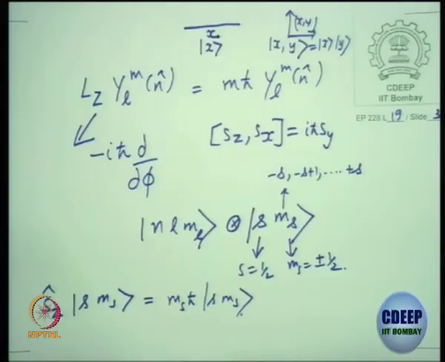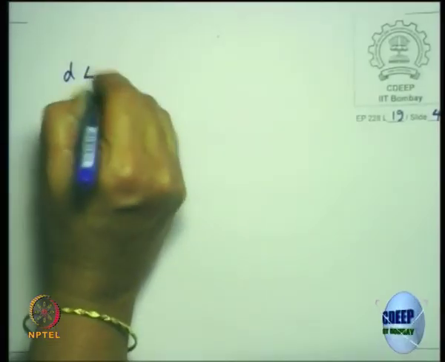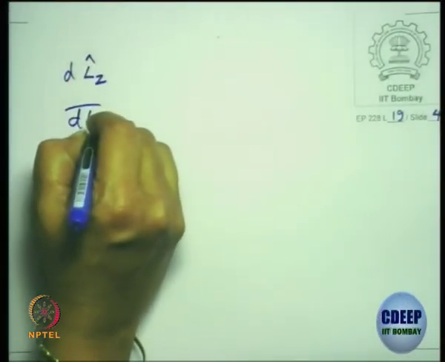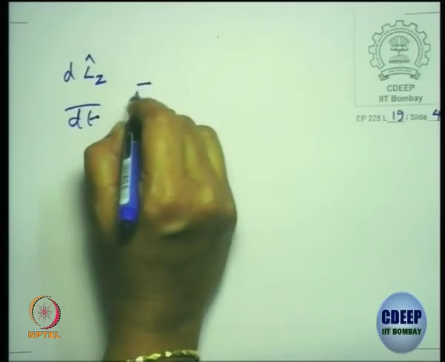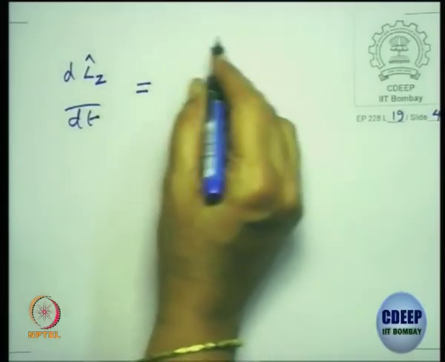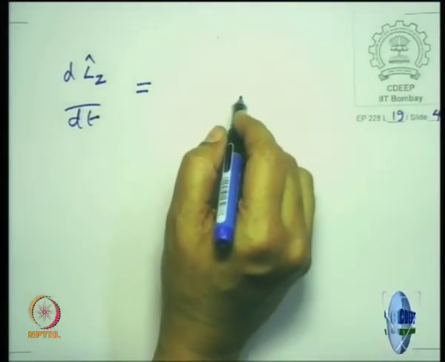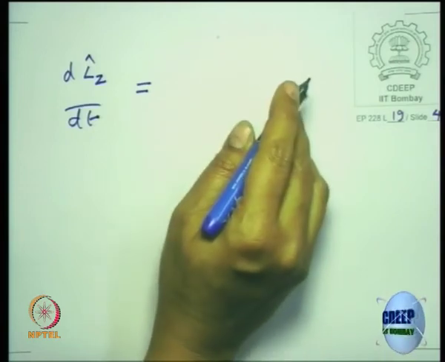But if you do the Dirac equation and relativistic quantum mechanics, these things come automatically. This is what I was telling you: if you try to do the Heisenberg equation and do dLz by dt in your hydrogen atom or non-relativistic Schrodinger equation, it has to be proportional to the commutator of the Hamiltonian with Lz, so it has to be 0.